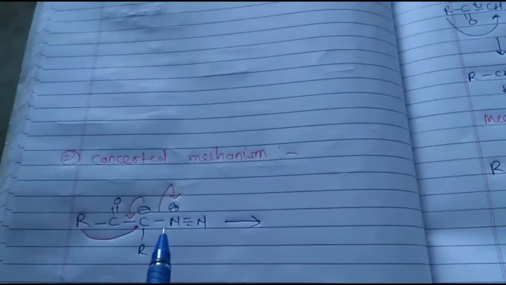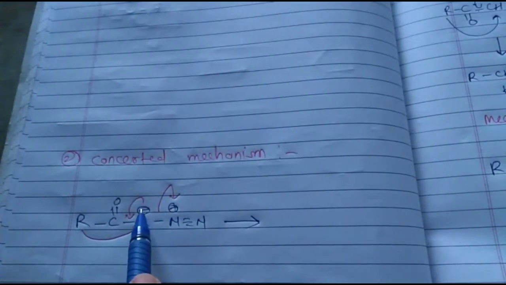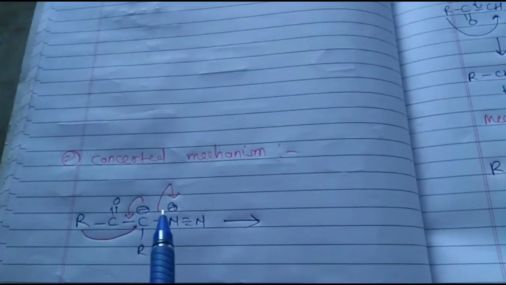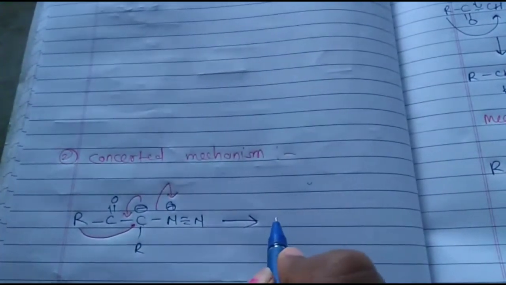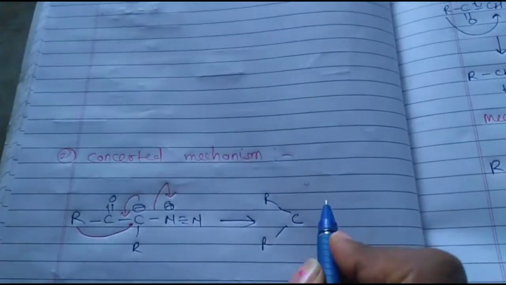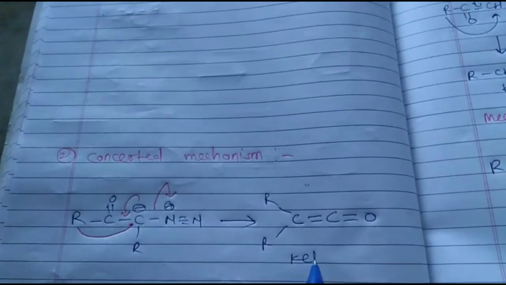Whenever this N2 is removed, this carbon has the negative charge, which is shifted to this carbon. There is a formation of the double bond, and then this R group is rearranged to this carbon, and there is a formation of CRR double bond C double bond O. This is a ketene.